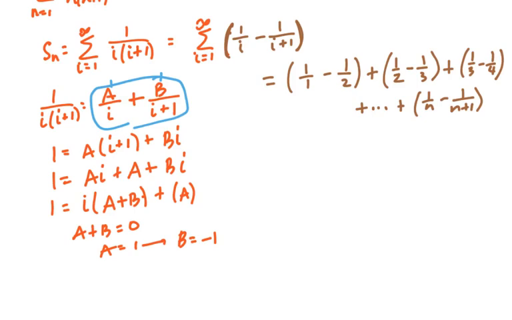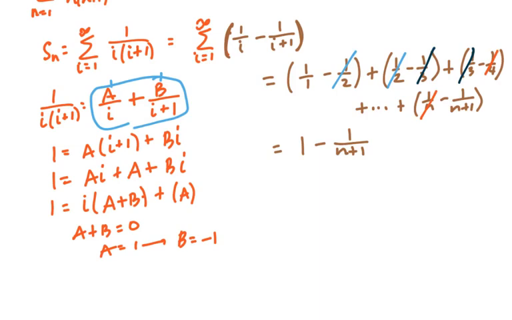Now, do you see a pattern here? Look at the fact that these two cancel and these two cancel. So the front of the parentheses cancels with the one before it. So that means this would cancel with the next one, and this would cancel with the previous one. So it ends up being 1 minus 1 over n plus 1.